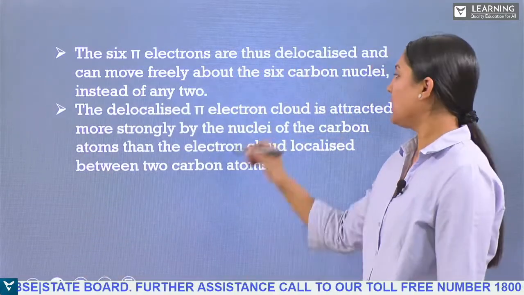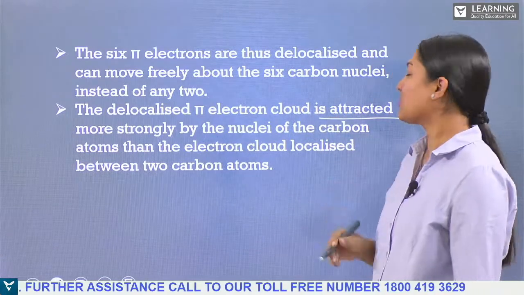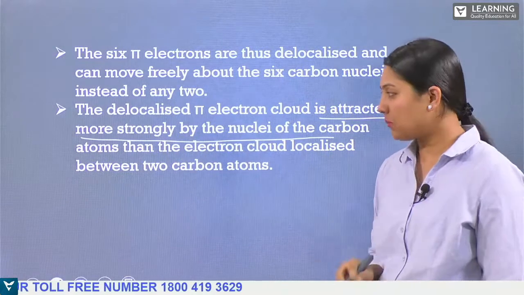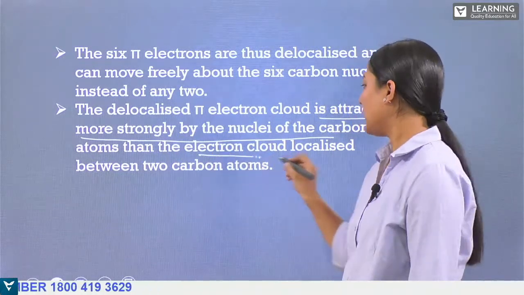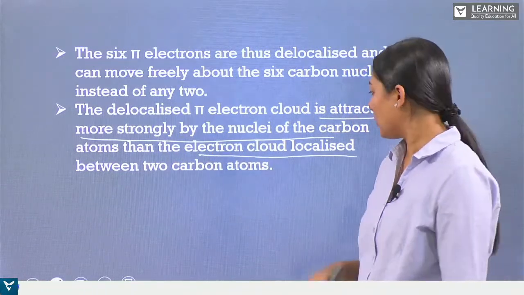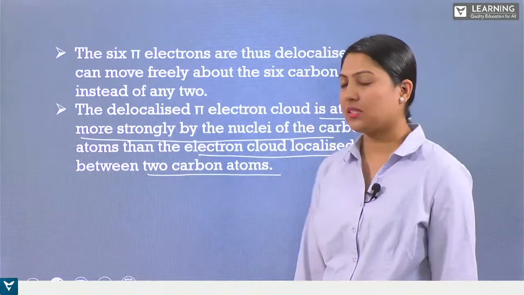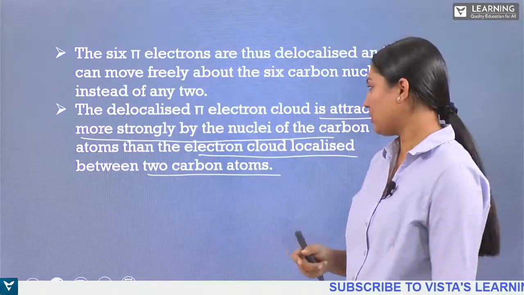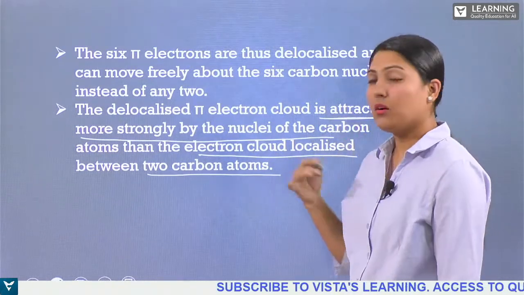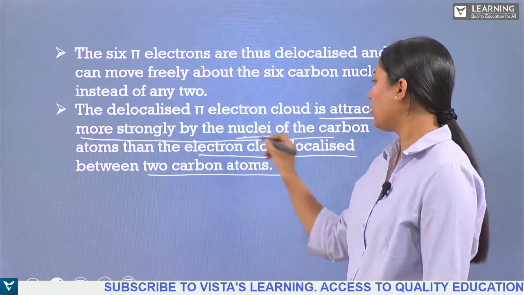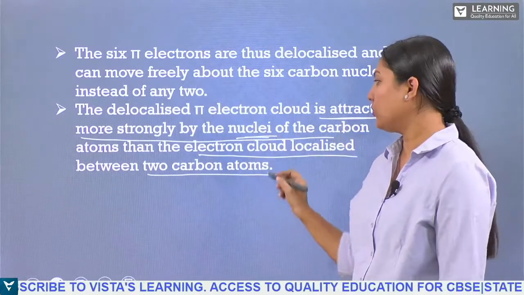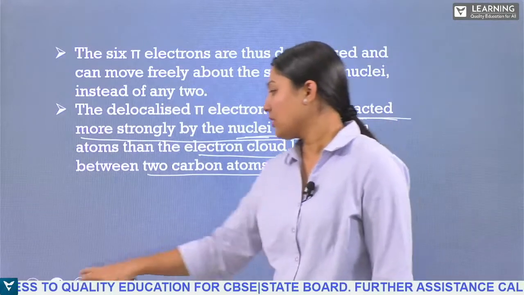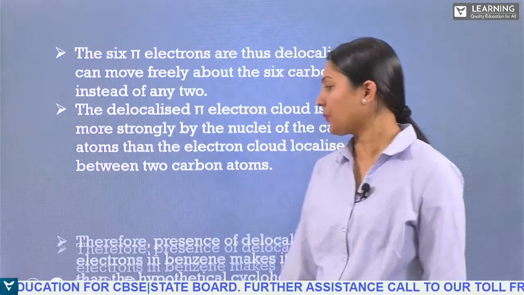The delocalized pi electron cloud is attracted more strongly by the nuclei of the carbon atoms than the electron cloud localized between two carbon atoms. That means if you have delocalized pi electrons, they are attracted more strongly by the nuclei of the carbon than the electron cloud of the localized carbon atoms.